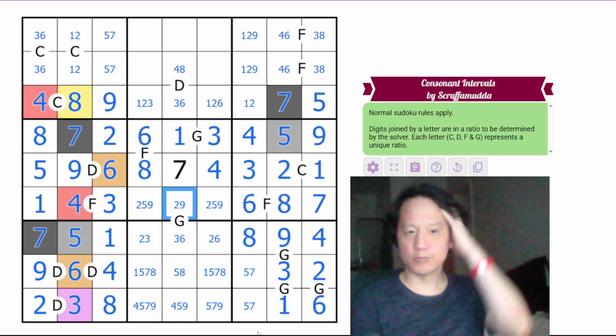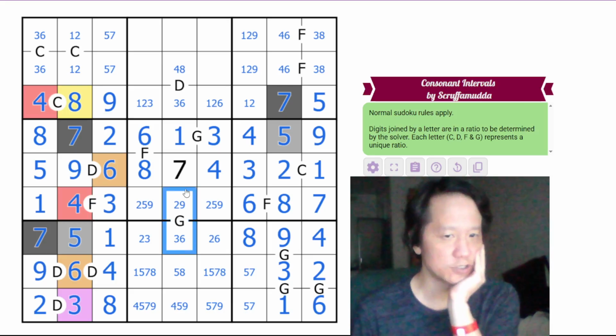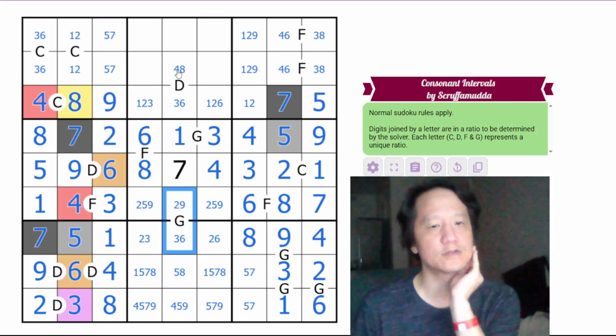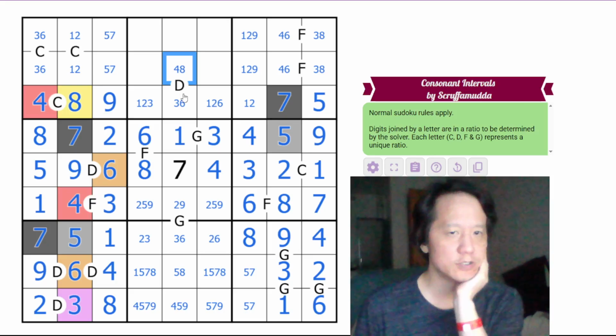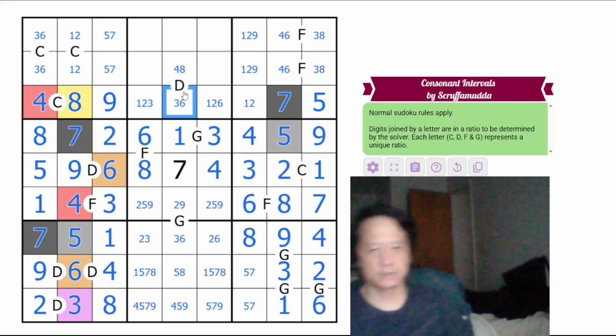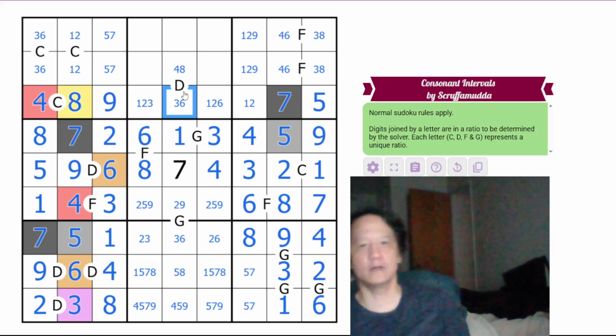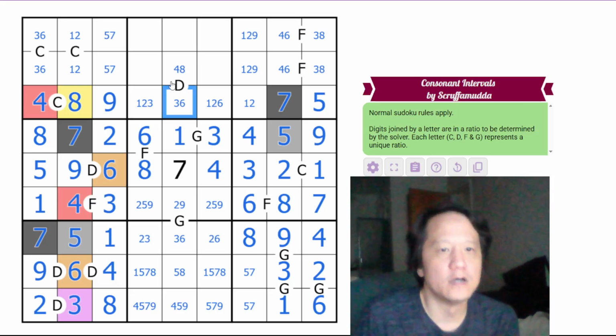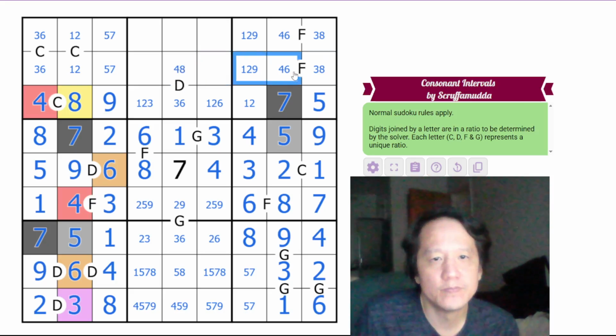G is a 3 to 1 ratio, so it could be 3, 9, or 6, 2. D is a 3 to 2 ratio. It's either 4, 3, or 8, 6.